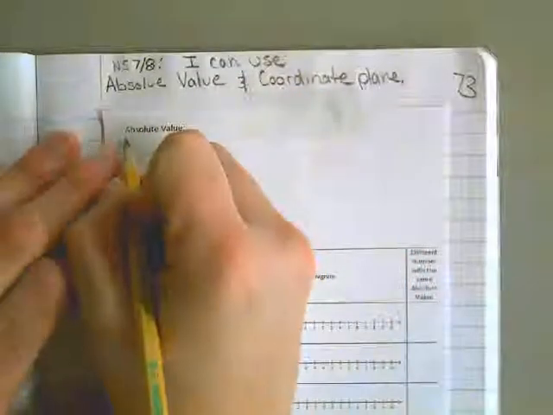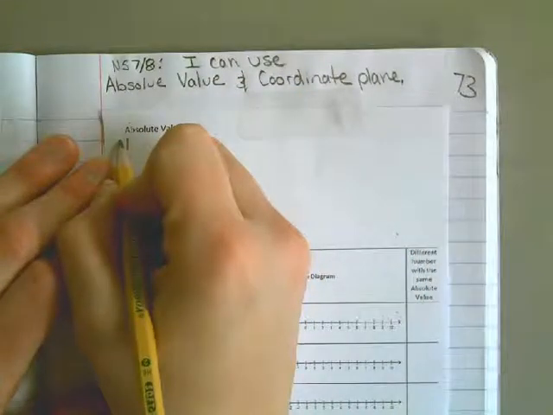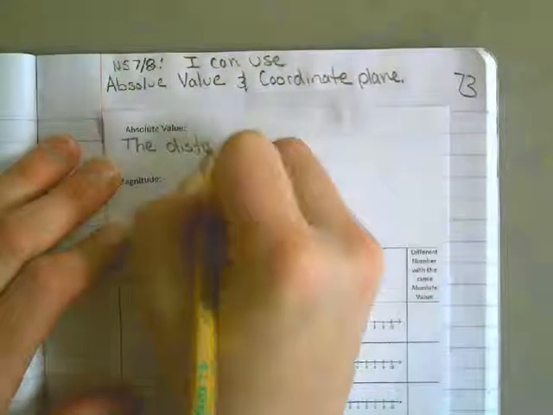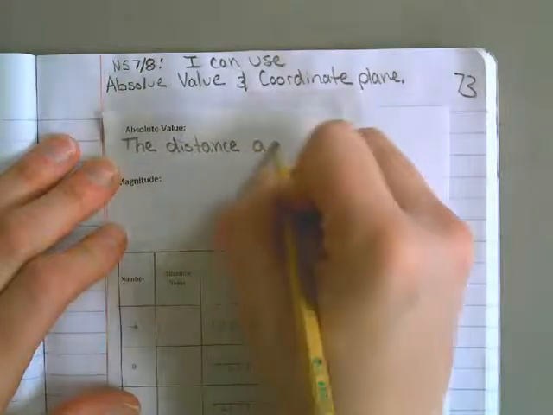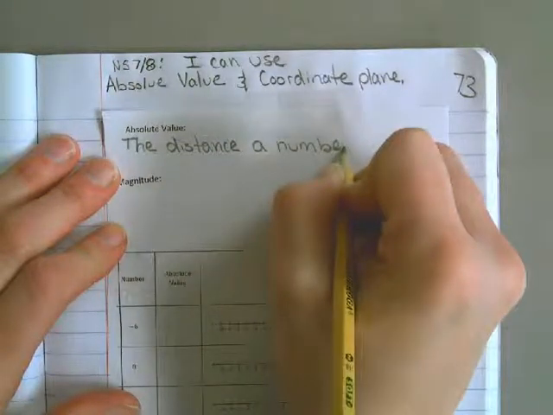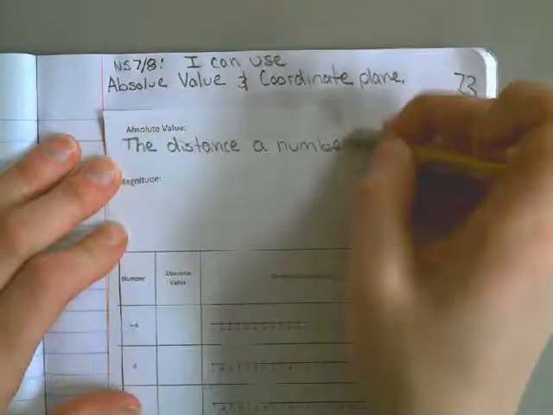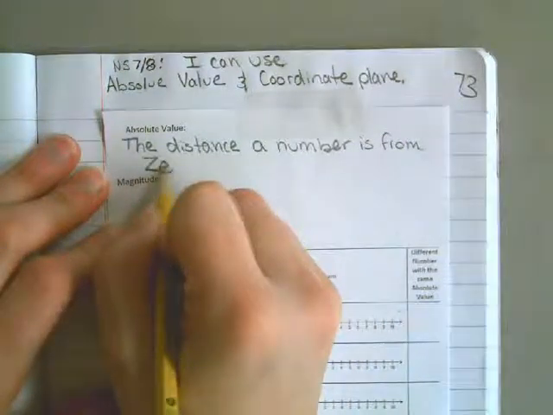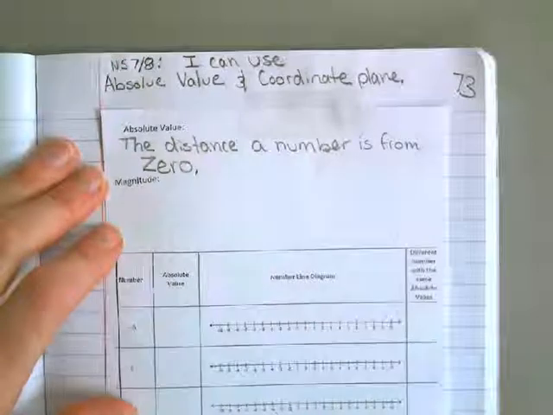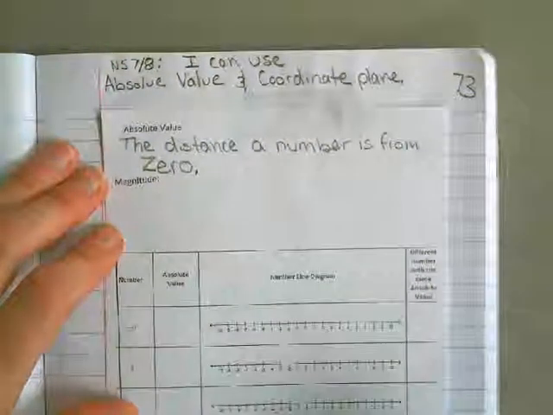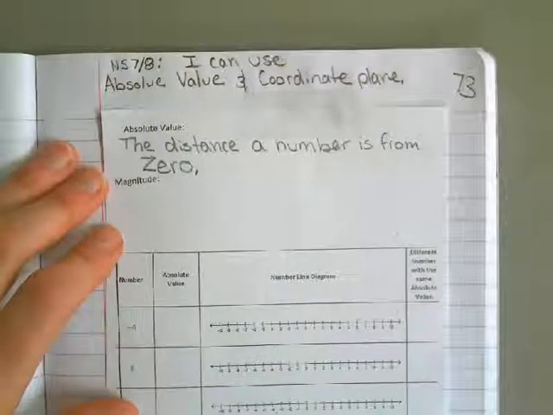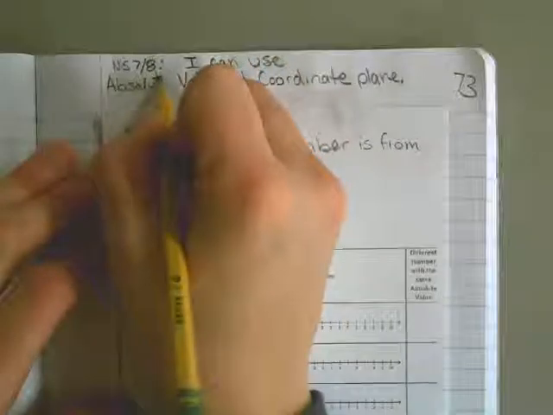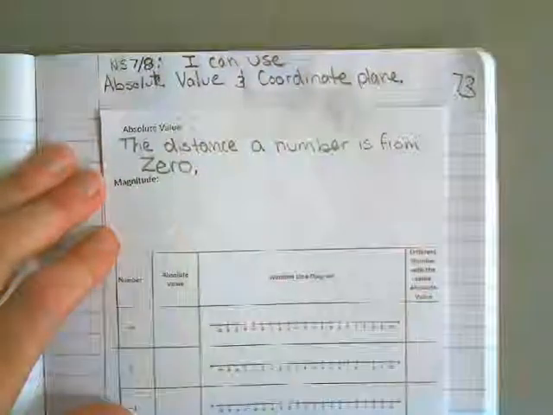Absolute value is the distance a number is from 0. Okay? The distance a number is from 0.